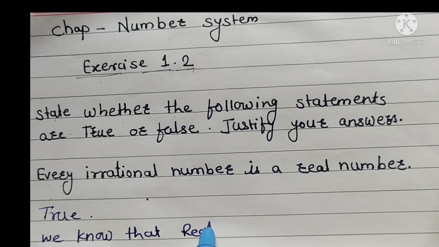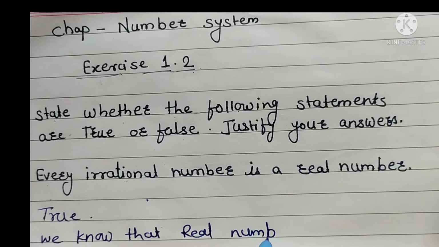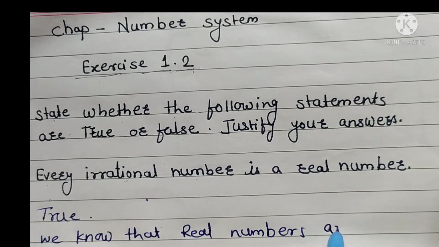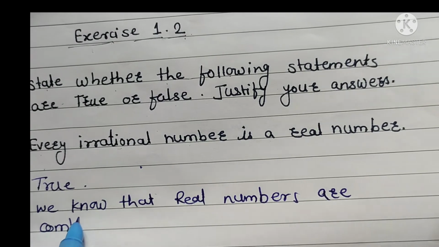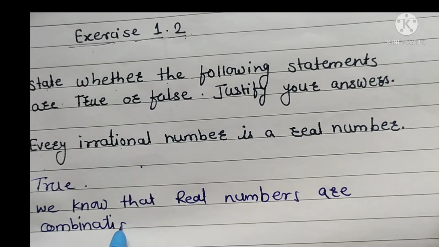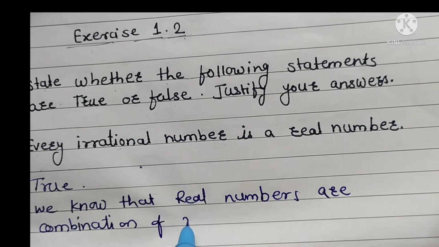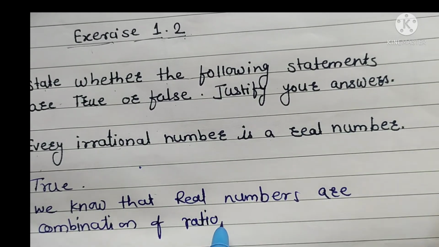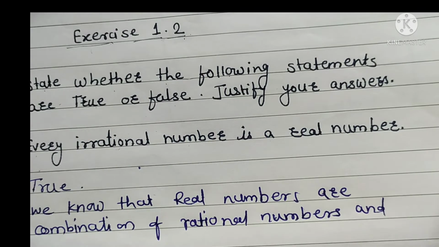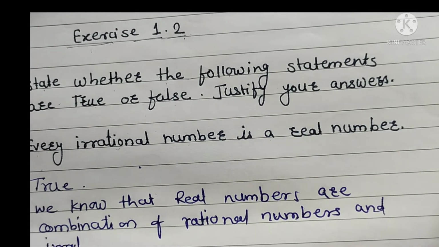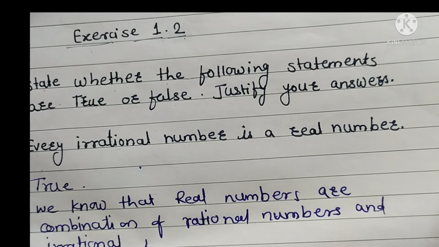Now we can write: we know that real numbers are a combination of rational numbers and irrational numbers.